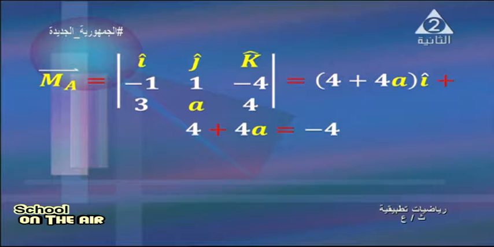Then we deduce that 4 plus 4A equals negative 4, so 4A equals negative 8, then the value of A equals negative 2. The correct answer is negative 2.